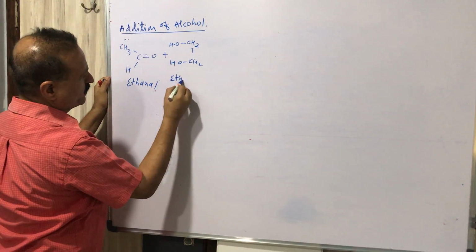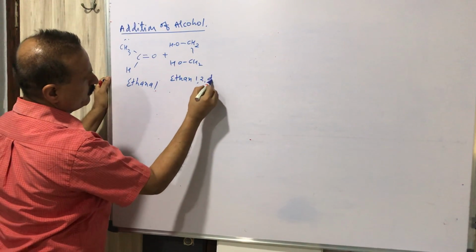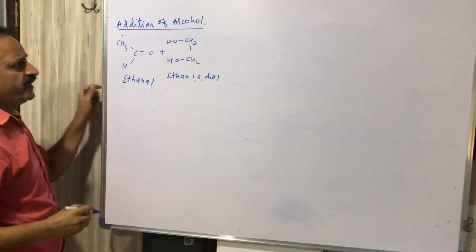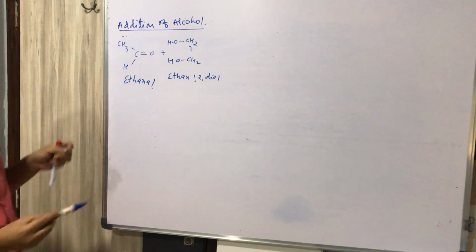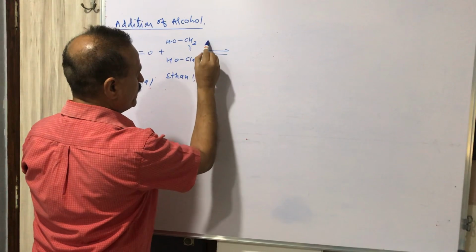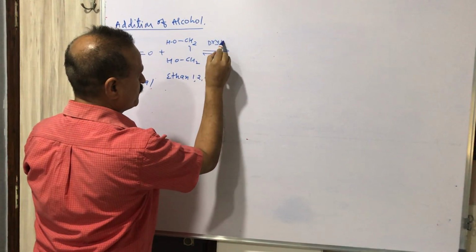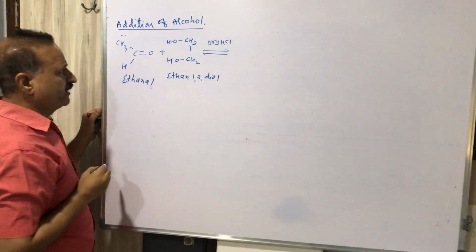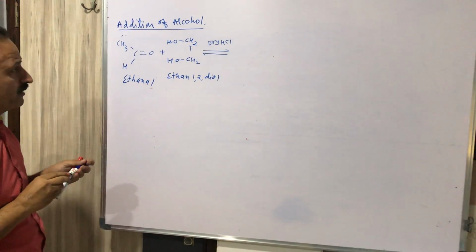This is ethane-1,2-diol or ethylene glycol. In the presence of dry HCl, it is a reversible reaction. What will happen?